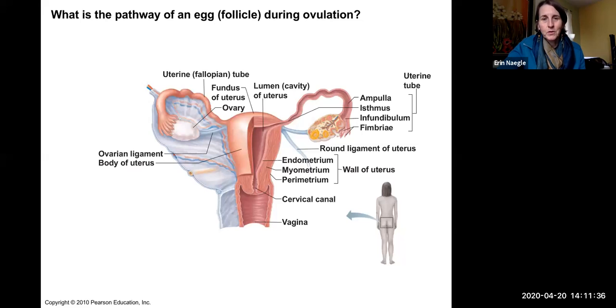Really strong muscle contractions are going to allow that child to come out through the cervical canal and vagina. And then the inner lining, the endometrium, which is lined with epithelium tissue, because this is a body cavity lined with epithelium. That's what epithelium does. And beneath that epithelium is a bunch of connective tissue. More on that soon. But let's first start with ovulation.